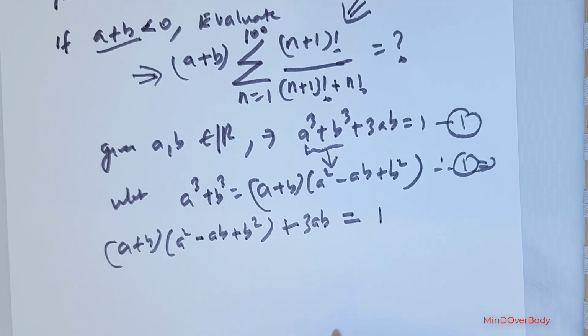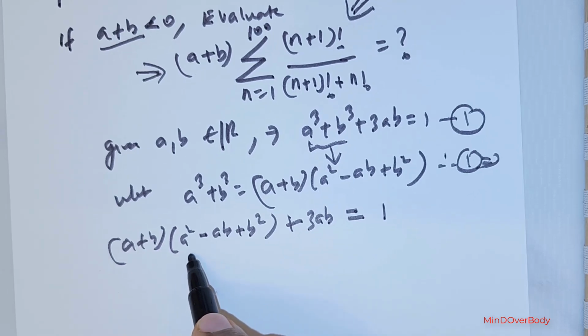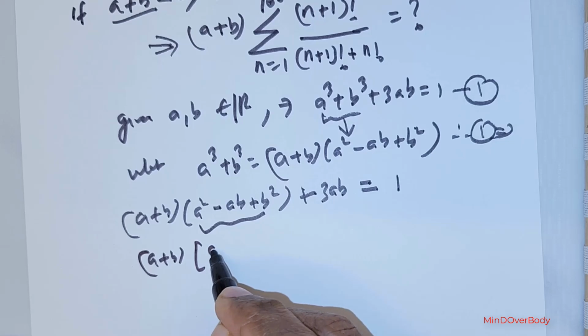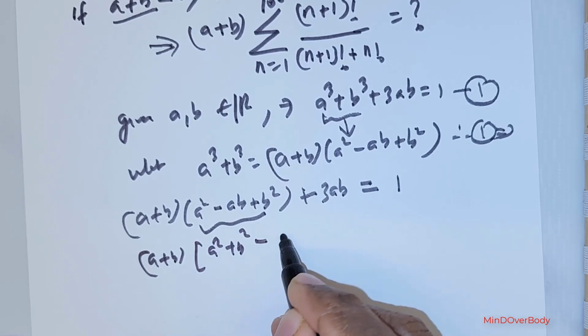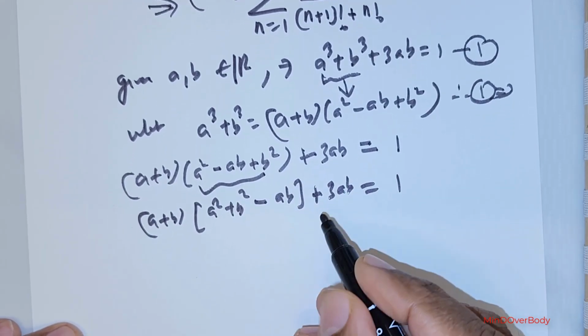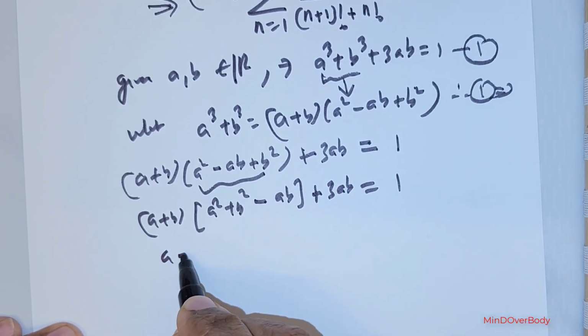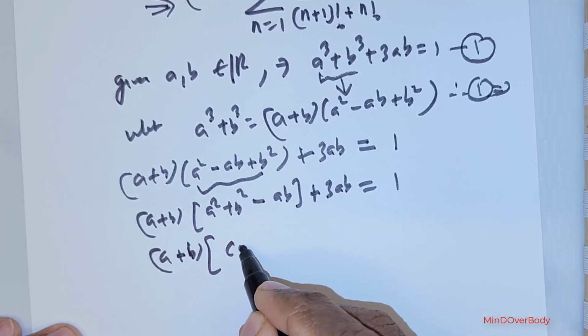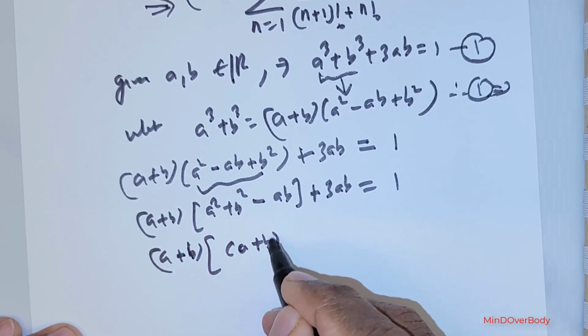Now what we can do is club these two together. So this is a plus b of a squared plus b squared minus ab plus 3ab is equal to 1. So I want to express a squared plus b squared as a plus b the whole squared.